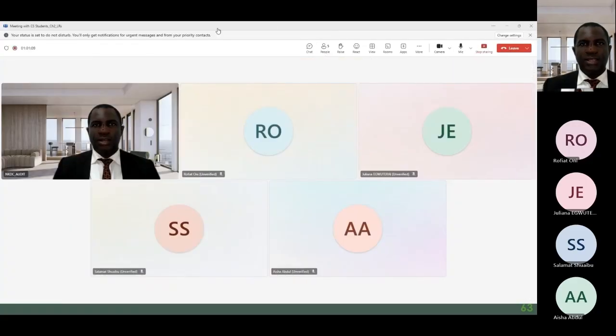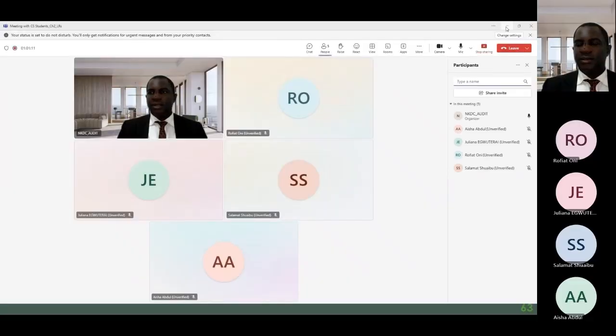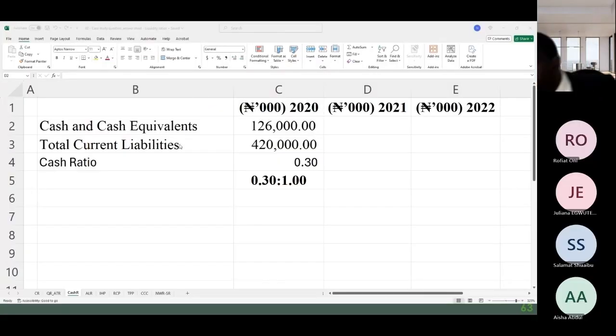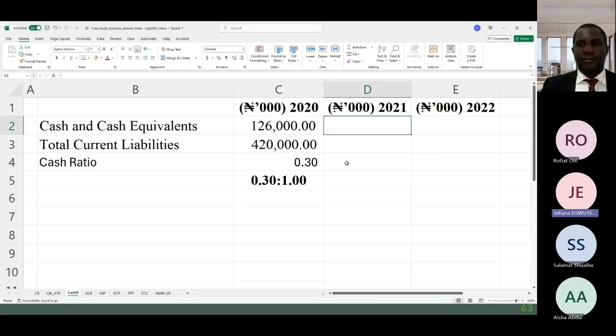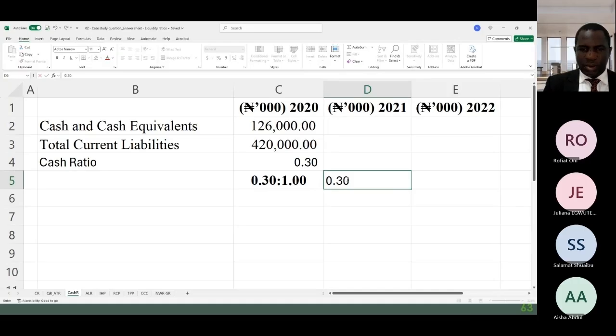Okay, so let's quickly calculate. 0.3 for 2021. Who was that? Rufi? Yes. Aisha. What is Rufi's for 2021? 0.3.